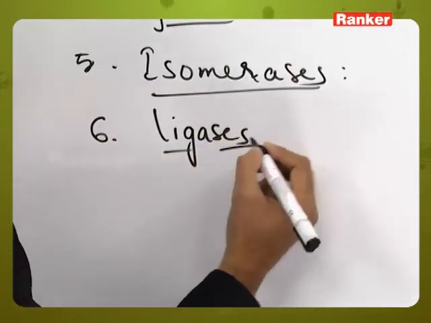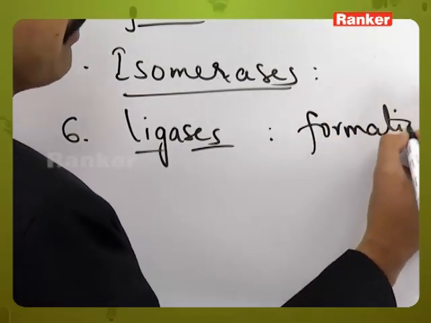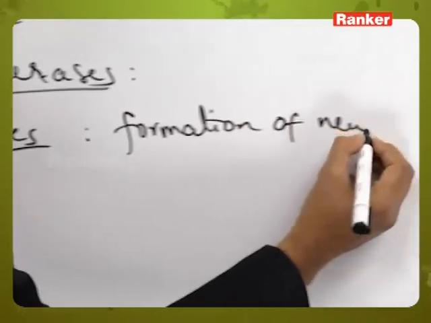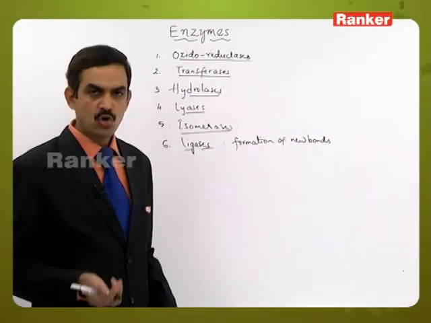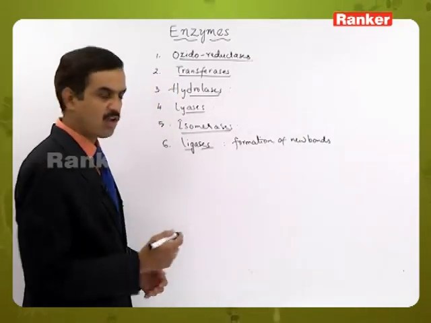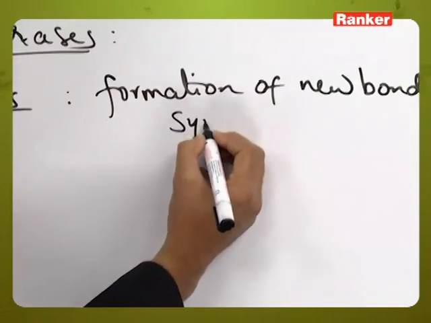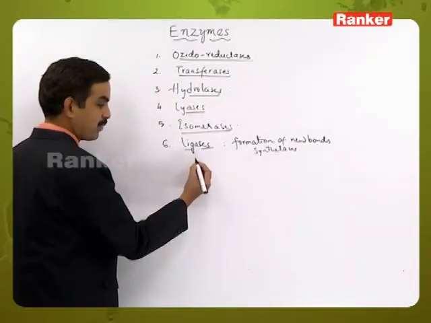ligases. So here the formation of new bonds is there. When the new bonds have been formed, a new compound will be formed, in which simpler molecules are converted into a compound. So that's why we call them synthetases. Let us take one example here.